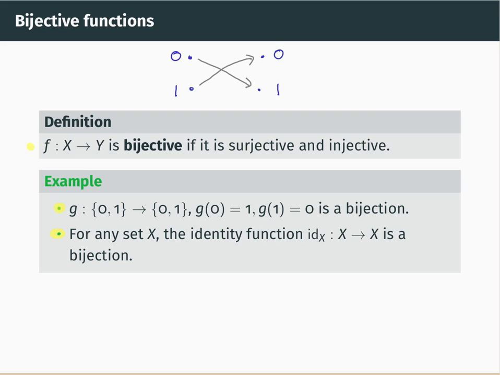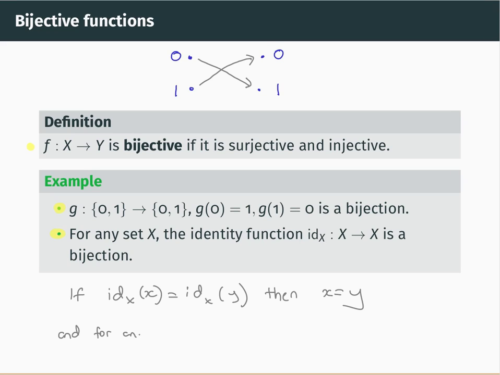For any set X, the identity function is a bijection. Right, it is 1 to 1 because if id_X of little x equals id_X of little y, then, by definition of the identity function, x equals y, so the identity is 1 to 1.